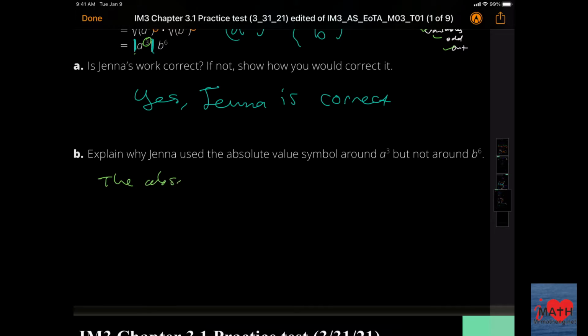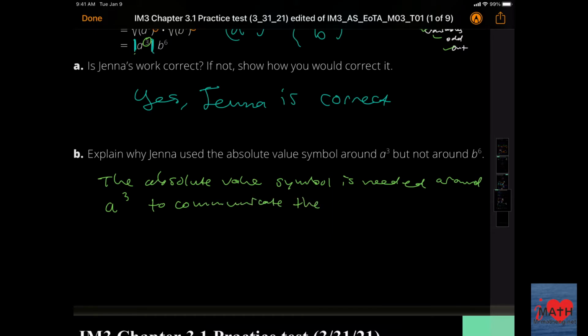The absolute value symbol is needed around a to the third to communicate the principal root. I didn't do a good job using this word.